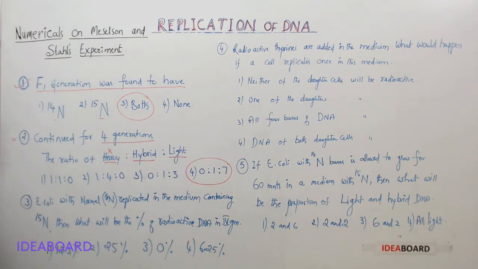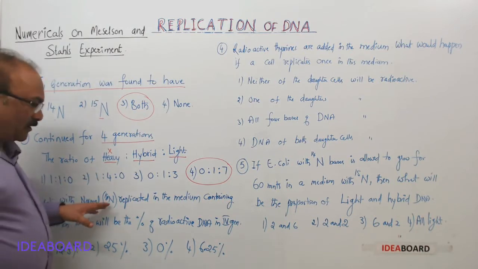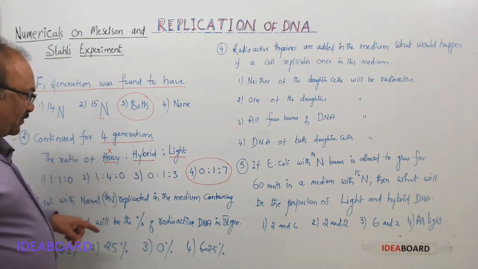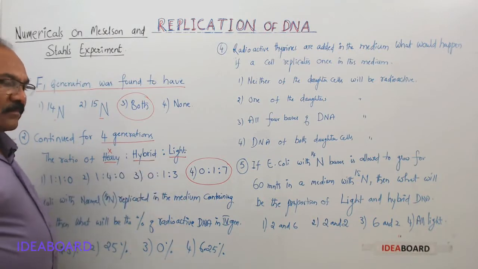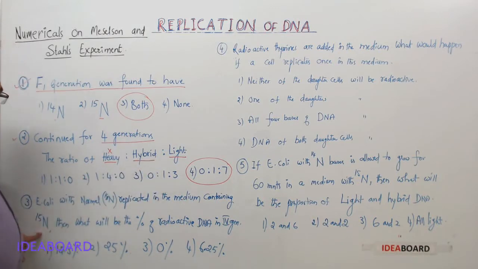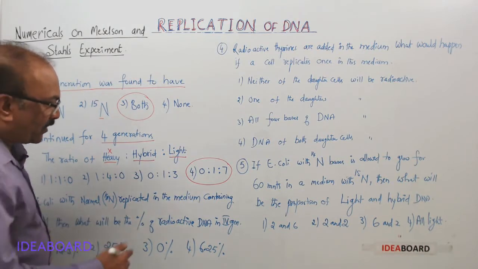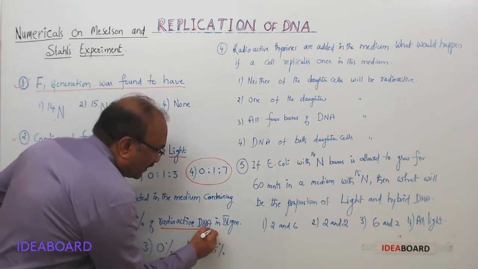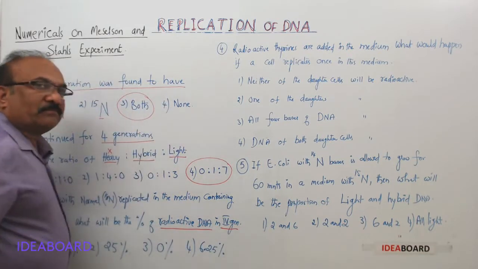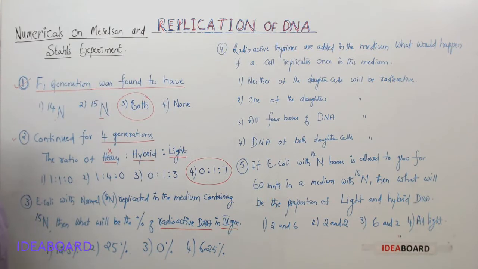And now let us look into this third one. E. coli with normal DNA, that is N14 DNA, is replicated in the medium containing N15. This is the heavy isotope. Then what will be the percentage of radioactive DNA in the fourth generation? Now what are they asking?